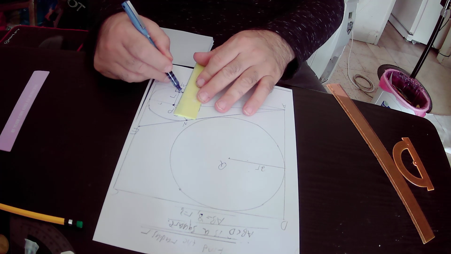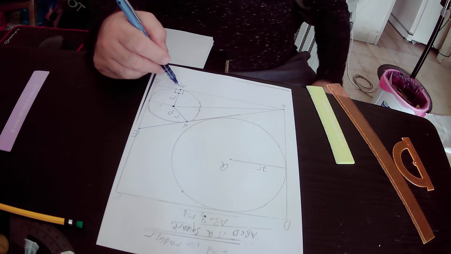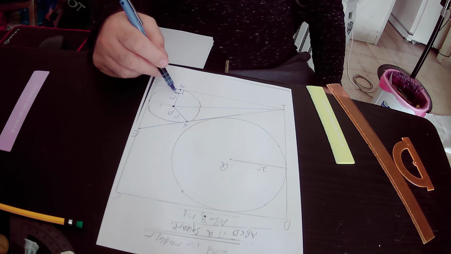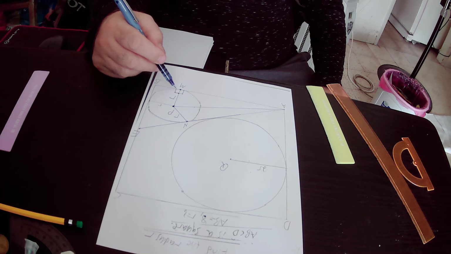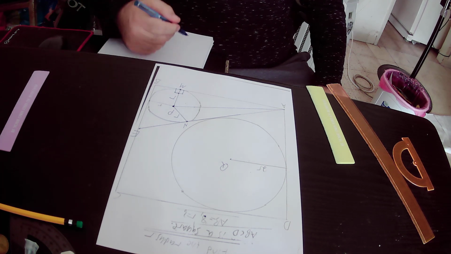As I already said, whenever the radius is drawn to the point of tangency, then the tangent will be perpendicular to that radius. That is to say, this angle is 90 degrees and this angle is also 90 degrees.